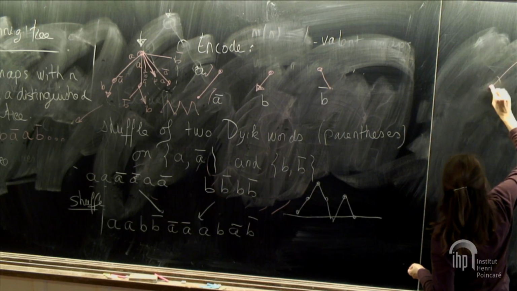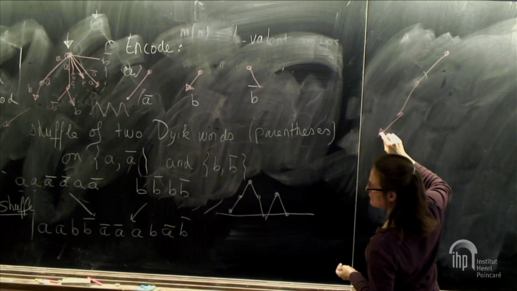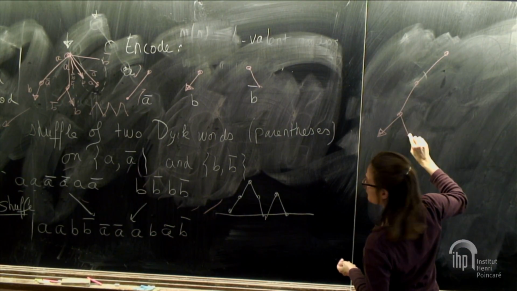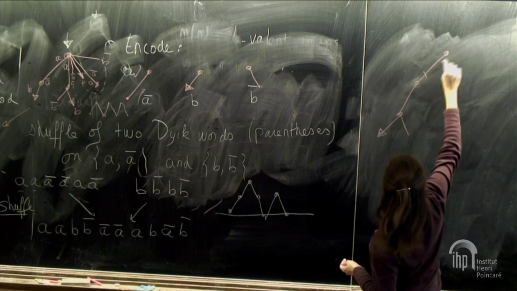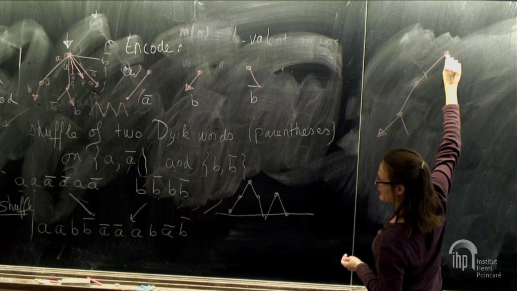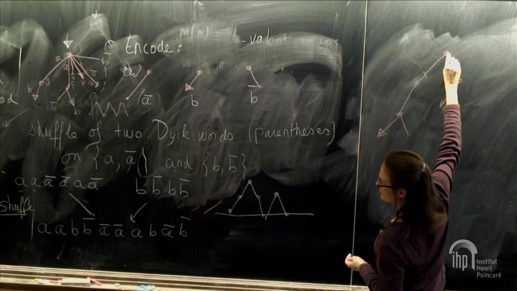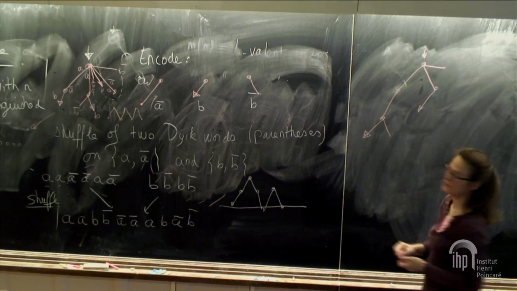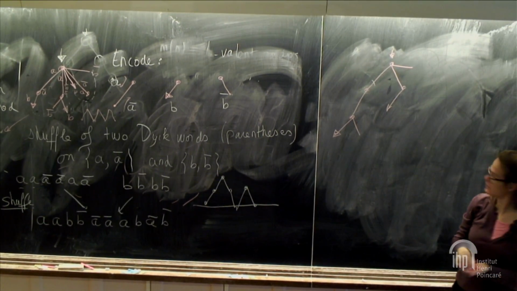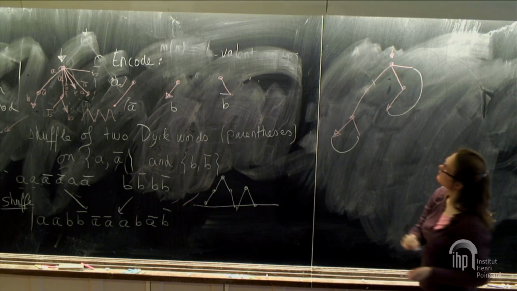So I read A, bud, leaf, A bar, I'm back here, A, A bar, I'm back here, A, bud, A bar, leaf. So this is my tree, and the corresponding map is obtained by matching things like that.